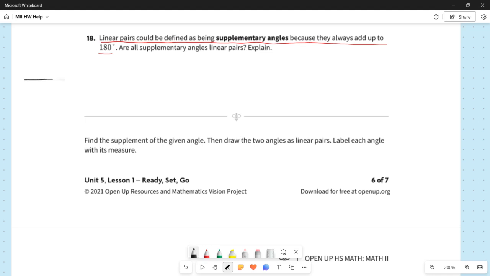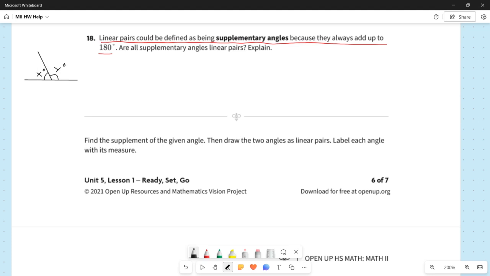So if I have a line and a ray, if I have a ray like that, I know that the measure of this angle and the measure of that angle are going to sum to 180 because they're linear pairs.